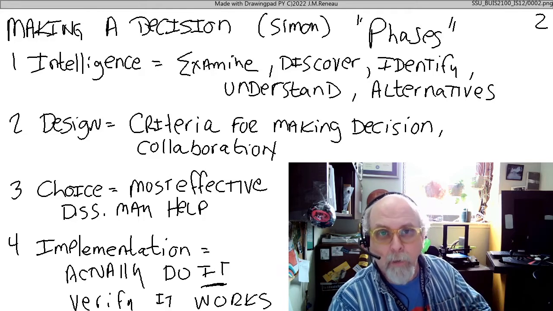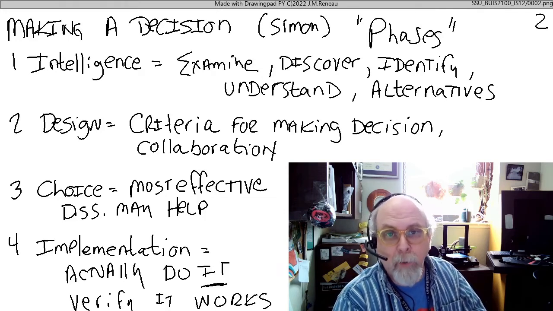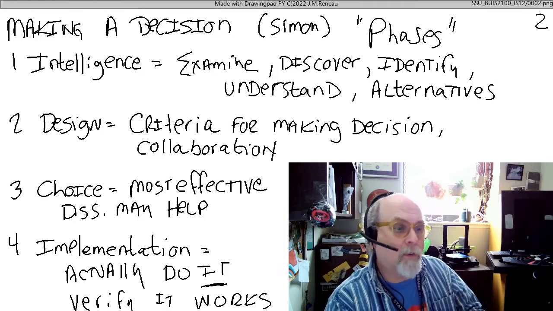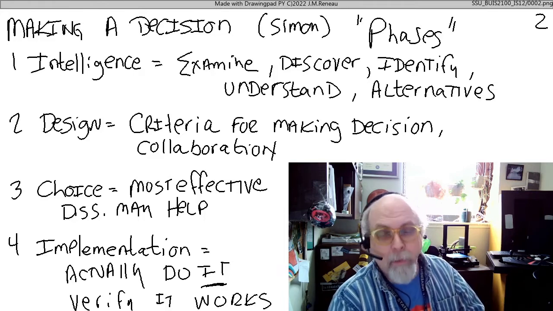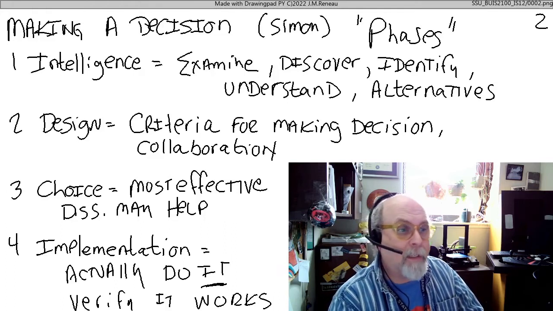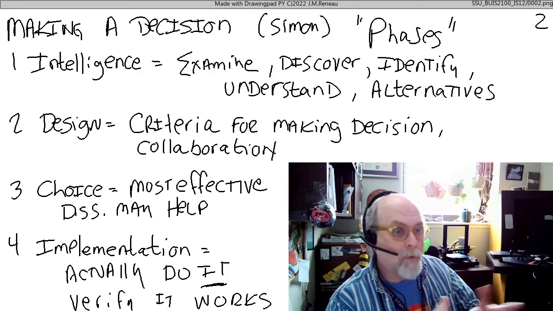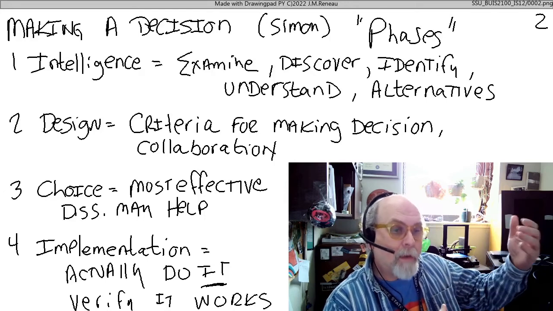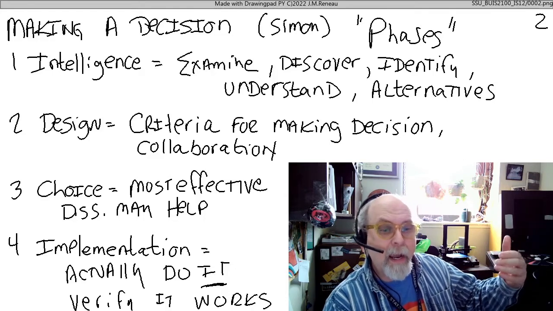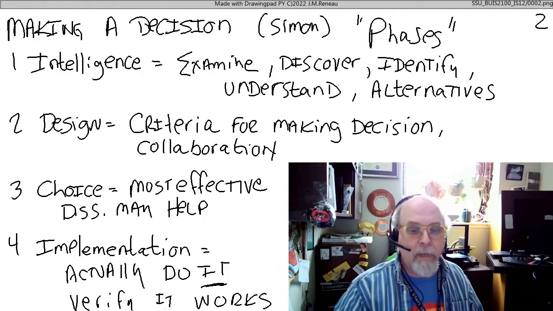We may use decision support system software or some other kind of software to help us make this final choice. And then we implement the choice, we actually do it, and verify that our decision on how to solve the problem worked. So we think, we design, we then choose the best design, and then we do it. Intelligence, design, choice, implementation.